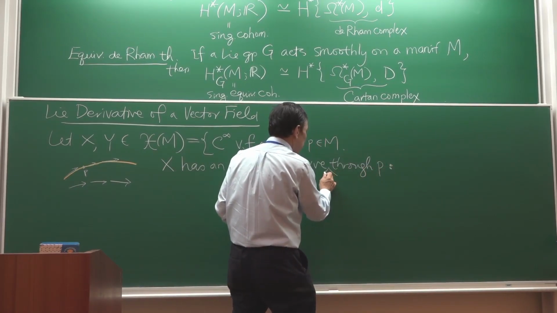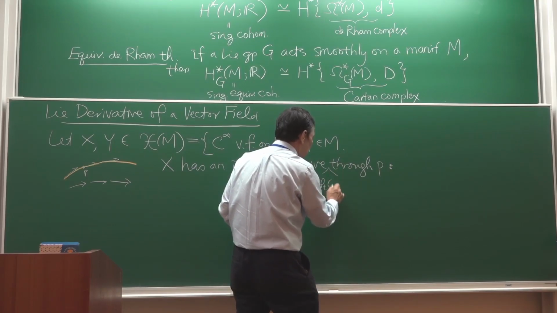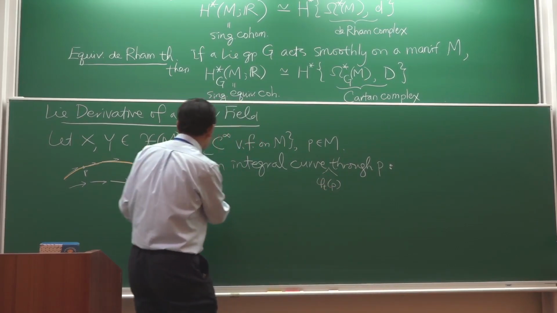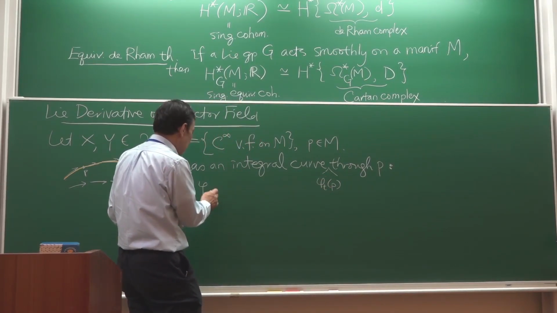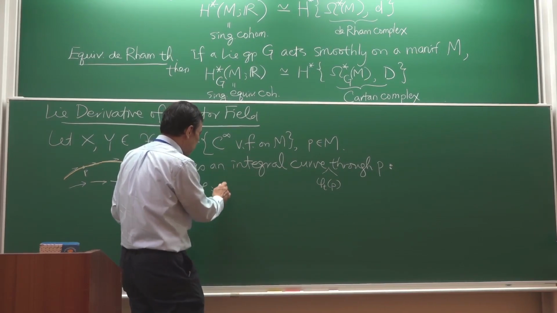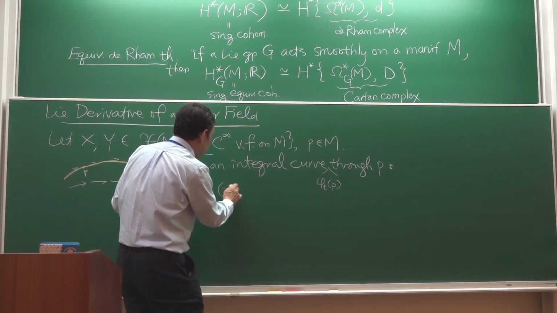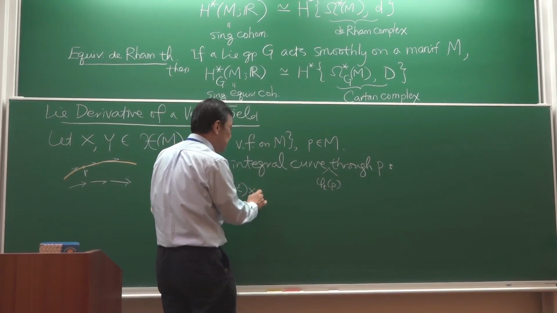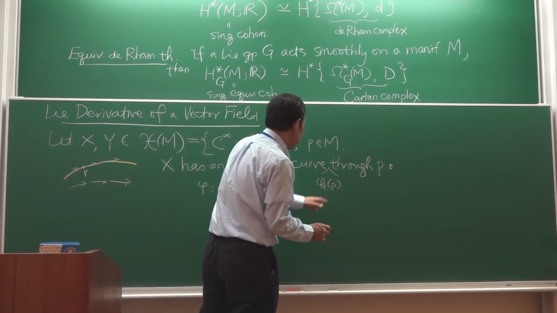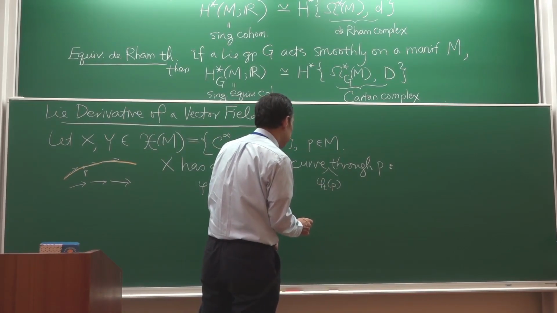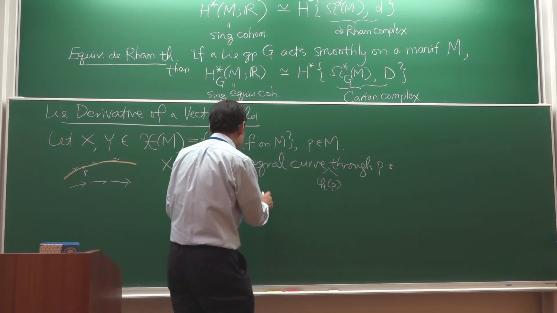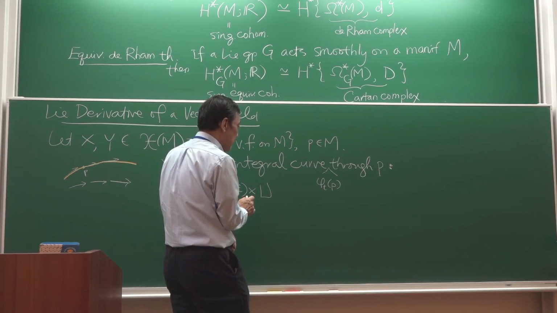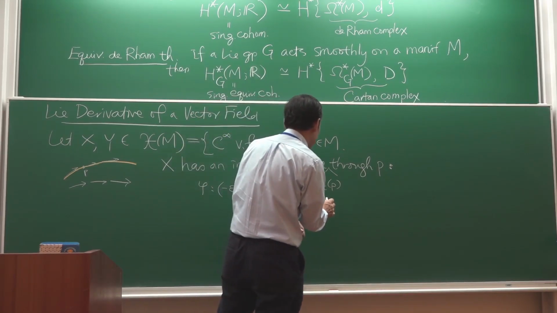Now that integral curve I will write as phi t of P. It depends on t. So phi is a function from a small interval to an open set.